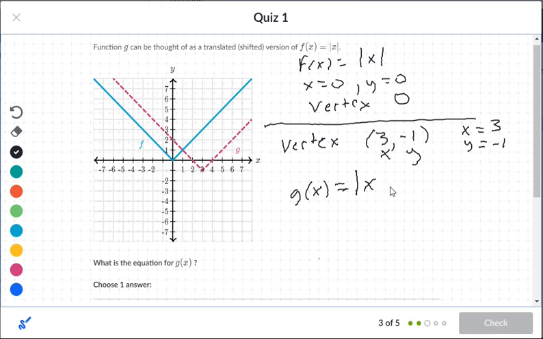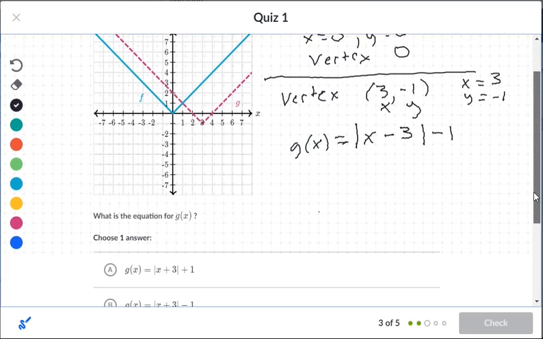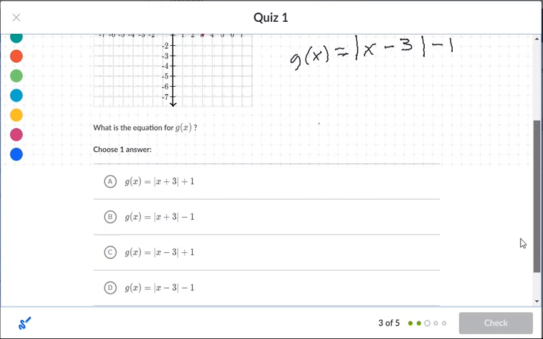So we want to take the opposite of a positive 3, so inside it's going to show as a negative 3. As for the y, there's no adjustment to it. Whatever you see is what you place down. So the opposite of 3 is a negative 3, and then y is a negative 1. So we want negative 3 followed by negative 1. So my best choice here would be D.